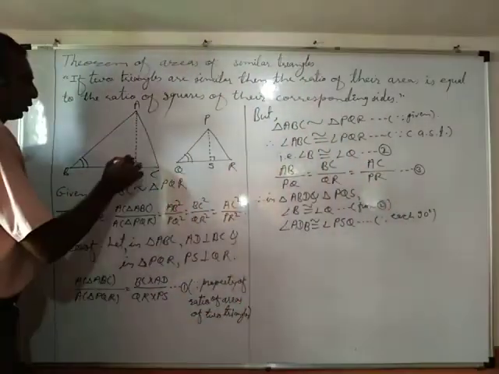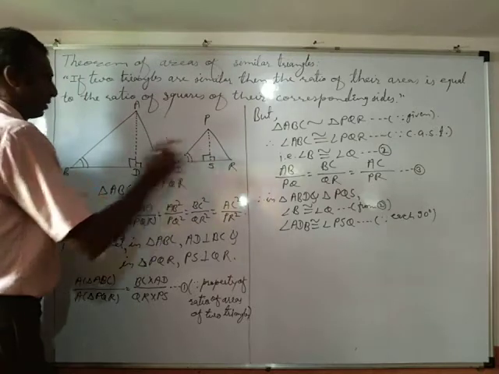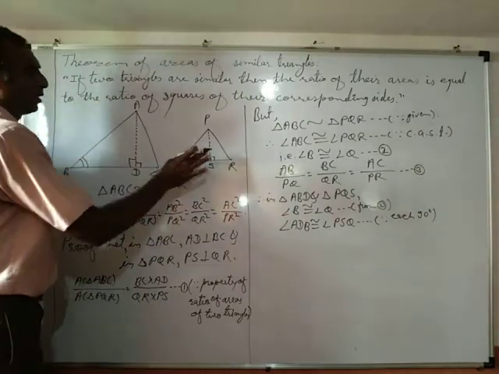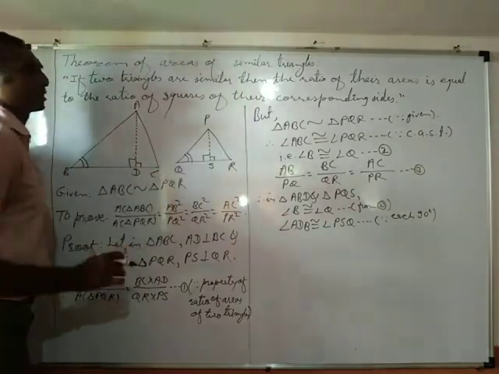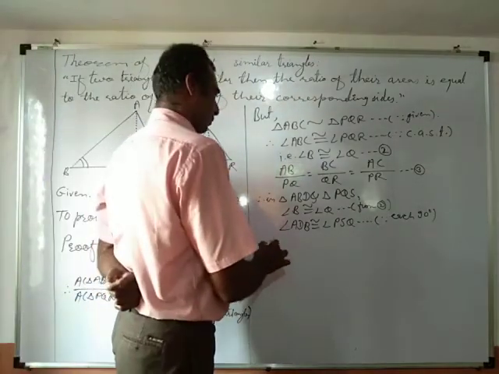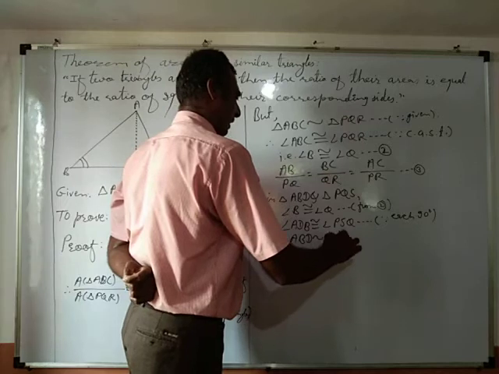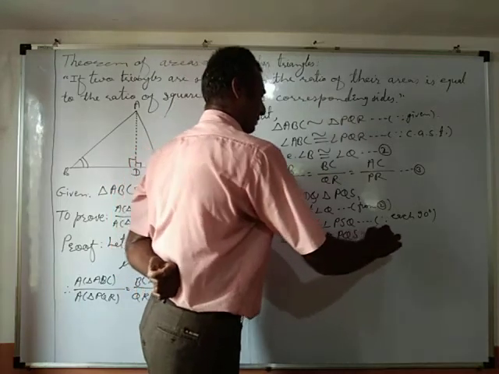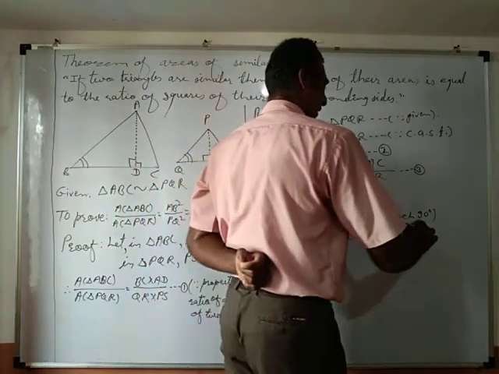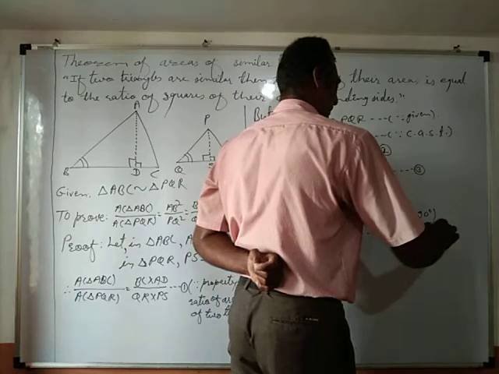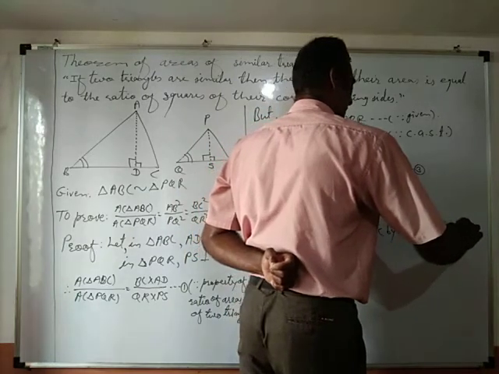Okay, two angles of one triangle are congruent with two corresponding angles of the other triangle, and therefore triangle ABD is similar to triangle PQS by AA test of similarity.